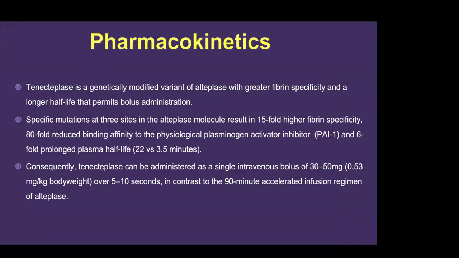And in turn, it ends up having a much prolonged plasma life, which is roughly about 20 to 22 minutes compared to 3.5 minutes for alteplase. Because of these reasons, tenecteplase can be administered as a single IV bolus, up to 50 milligram, although the recommended maximum dose is 25 milligram, over 5 to 10 seconds. In contrast to an hour-long accelerated infusion for alteplase, where you have to sit and monitor the patient.